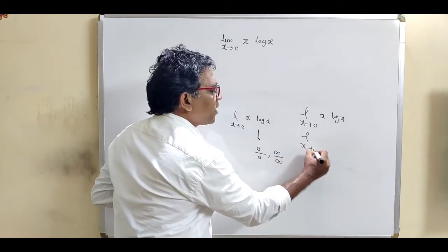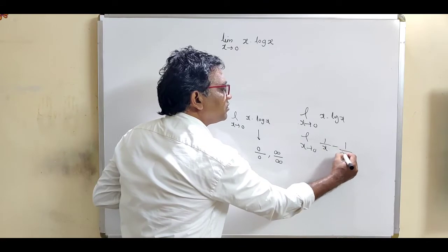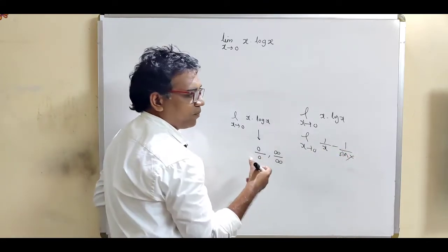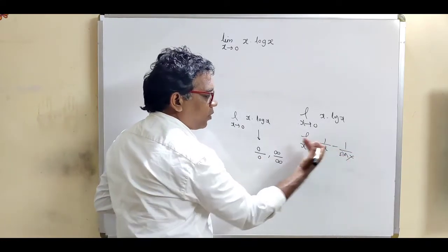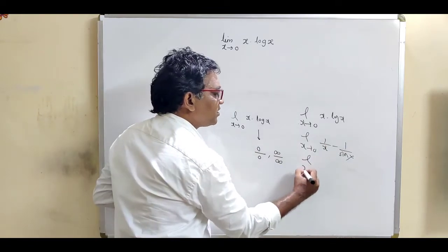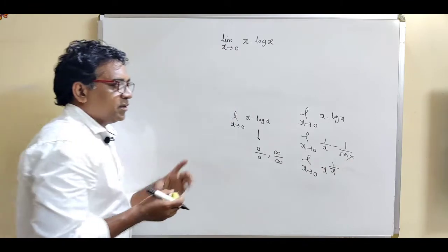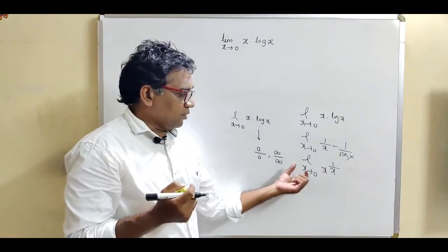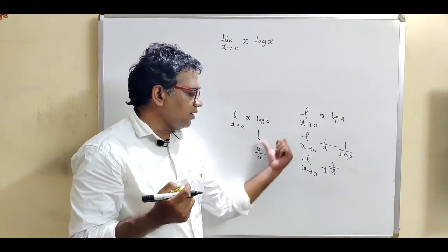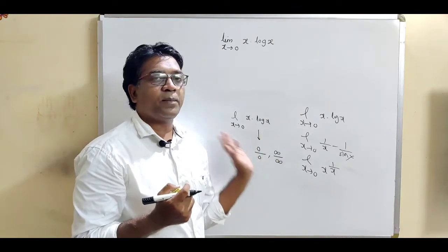If the limit form contains some subtraction, then again the process is the same. Anyhow convert this form in terms of division. This is the third case: if the limit form contains a function raised to a function, then what is the process? Convert this form either in terms of 0 by 0 or infinity upon infinity.